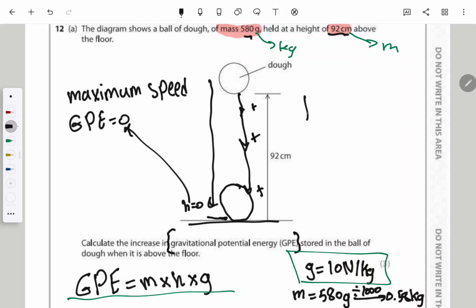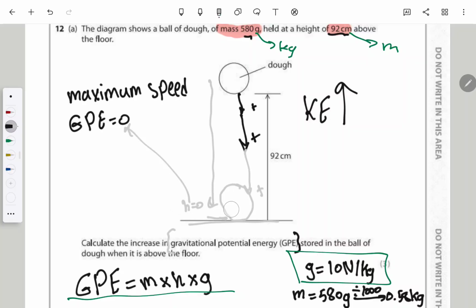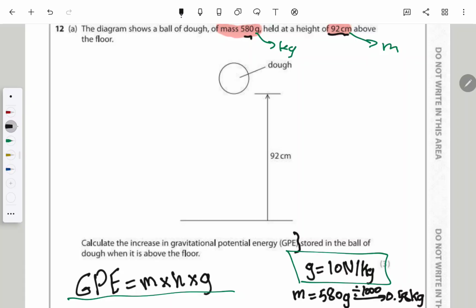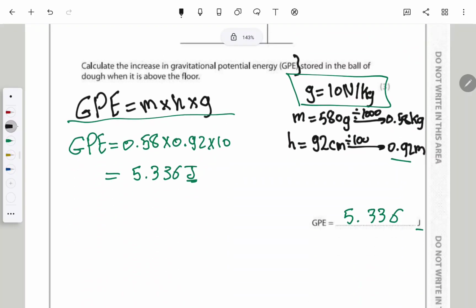So the kinetic energy right here is at its highest point. What happened in this scenario is that when it's about to hit the floor, all the energy that was before in the gravitational potential store has turned into kinetic energy.